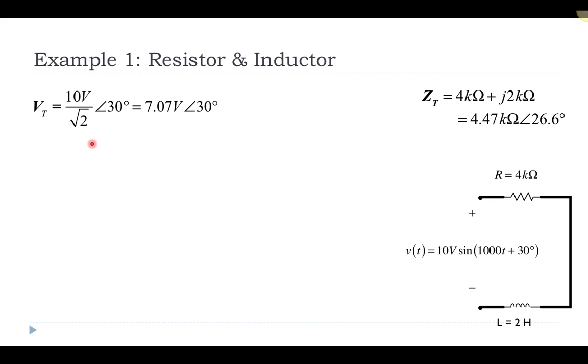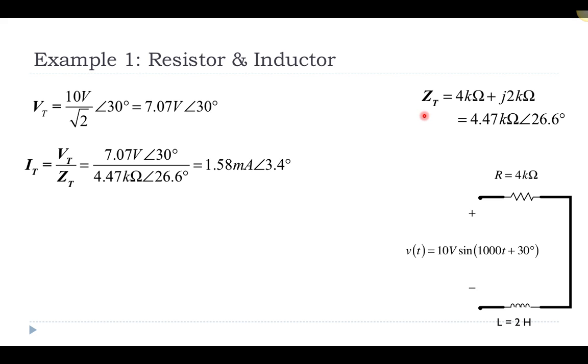If I write that in phasor notation, that's 10 volts divided by the square root of 2 to put the effective value in there, which is 7.07, and then the angle is 30 degrees. Since I know the voltage and the impedance, similar to Ohm's law, I can figure out the current. The total current going through that circuit is just the total voltage over the impedance, V equals IZ, or I equals V over Z.